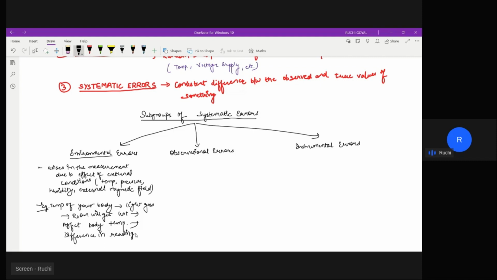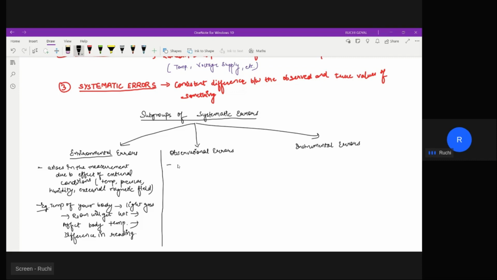Next we have observational errors. What are observational errors? These are the errors which arise due to individual bias, or if we haven't set up the apparatus properly, or if we are not taking the observations properly.